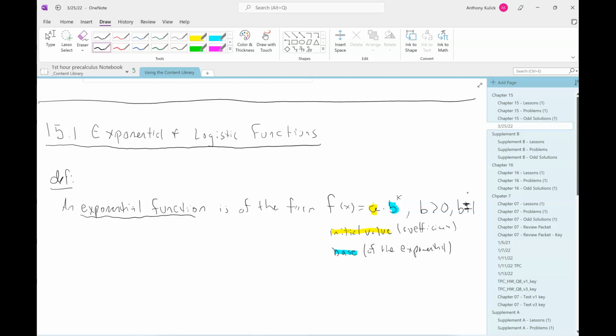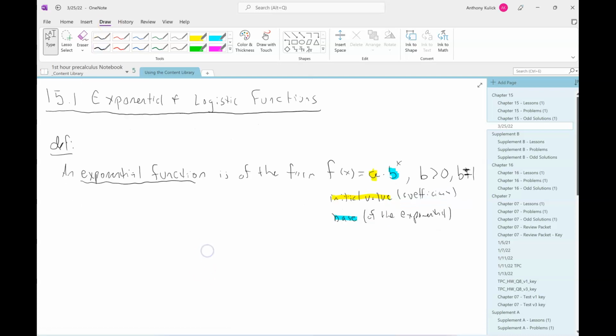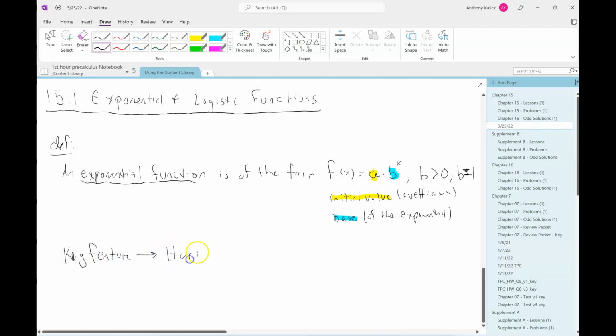Is everybody okay with that? So all exponential functions have a special key feature. They all have a horizontal asymptote. You guys remember what we mean by an asymptote?